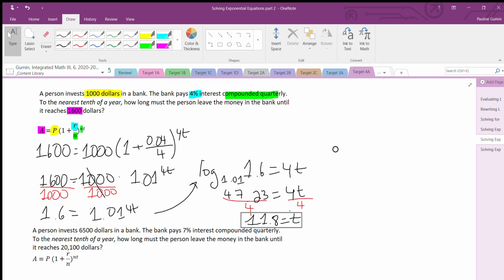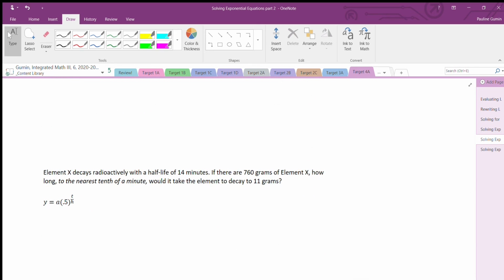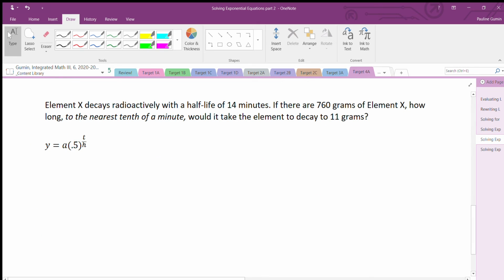I would like to do an example that has a little bit more to do with science. So this is a decay problem. In this problem in particular, we're talking about radioactive decay, which can be applied to so many cool things in science, like seeing how long it takes something to not be radioactive. It's also used in carbon dating, which is how we find out the ages of fossils and other ancient finds.